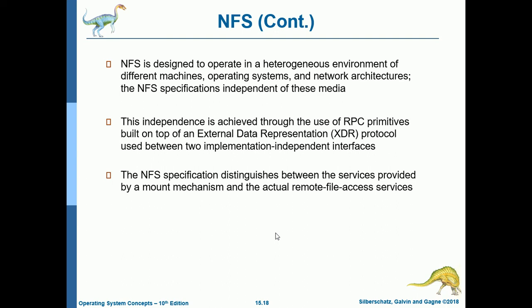This independence is achieved through the use of RPC, or remote procedure call, primitives built on top of an external data representation, or XDR, protocol, used between two implementation-independent interfaces. The NFS specification distinguishes between the services provided by a mount mechanism and the actual remote file access services.